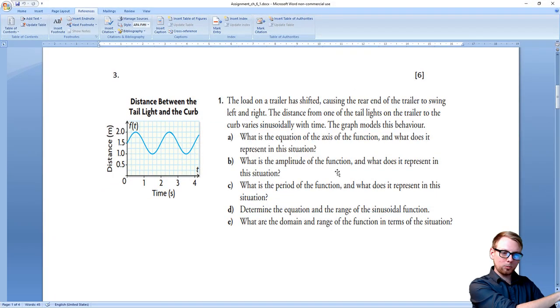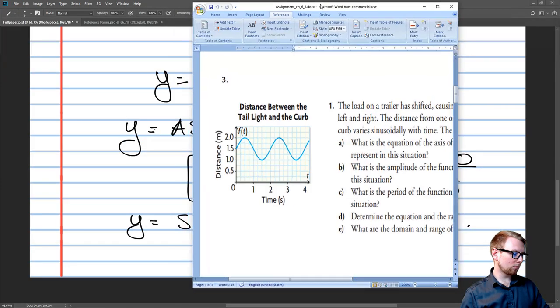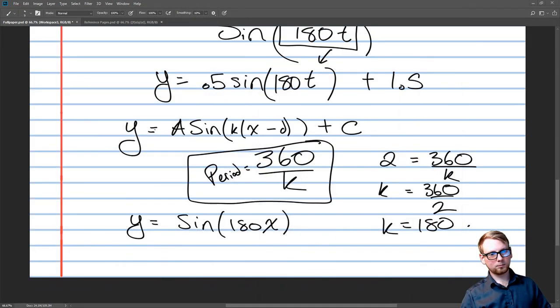Like, what does it represent? You can write that down. What does it represent? What does it represent? You can write those down. Yeah, I highly doubt you're going to eat garbage.